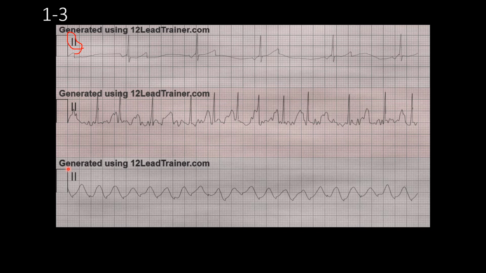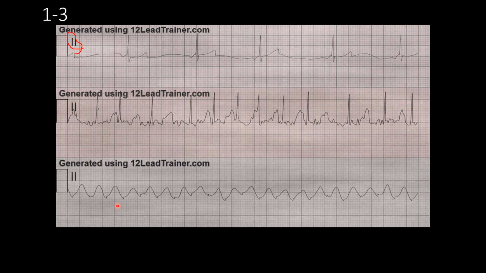So we won't do that. No P waves that we can tell, and we can't check our PRI. Our QRS we could try, but it would be kind of difficult as well because we don't know where it starts, where it ends. So for this, I would call this one ventricular fibrillation.